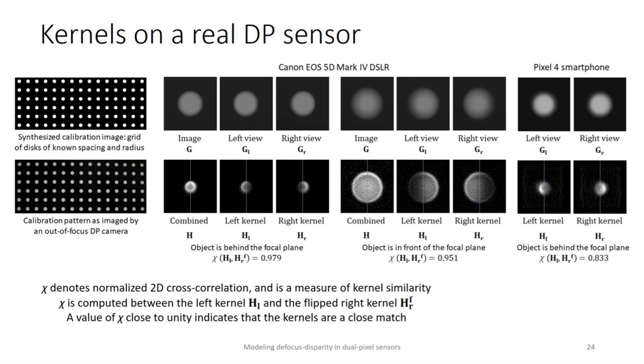As expected, the shape deviates from the ideal half circles and the falloff is gradual. But what is interesting is that the kernel symmetry property still holds to a fair extent even on real DP data. This can be visually observed from the figure and is also verified quantitatively from the normalized 2D cross-correlation values which are close to unity.